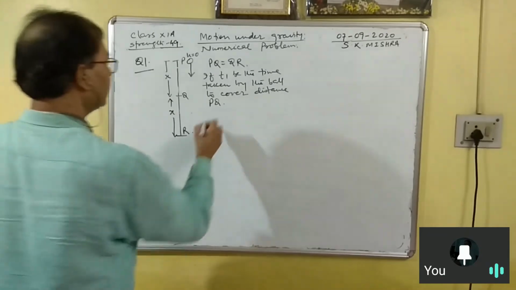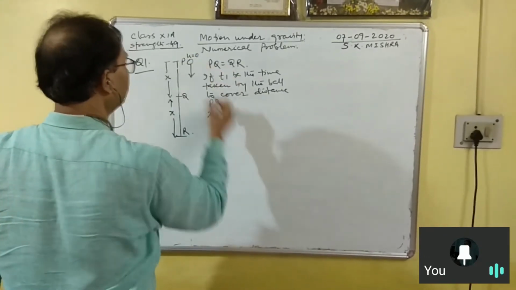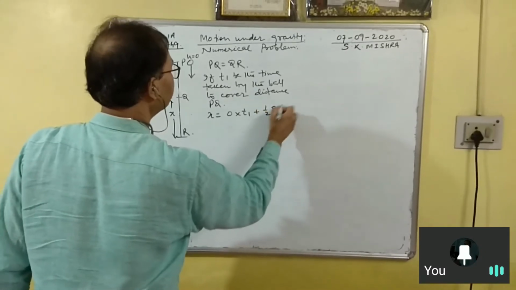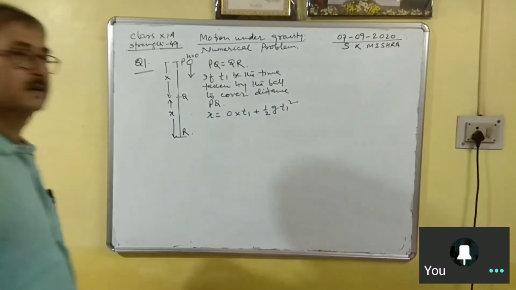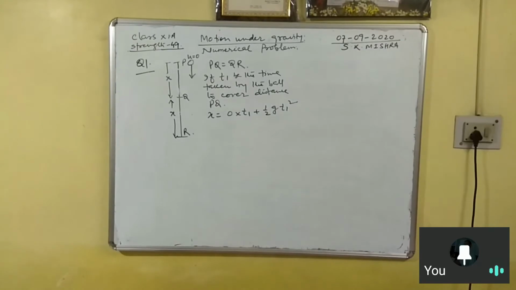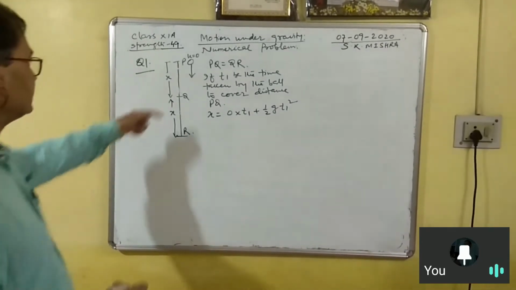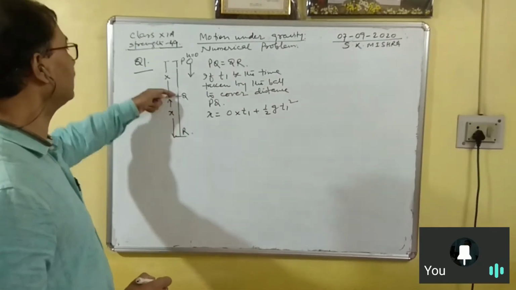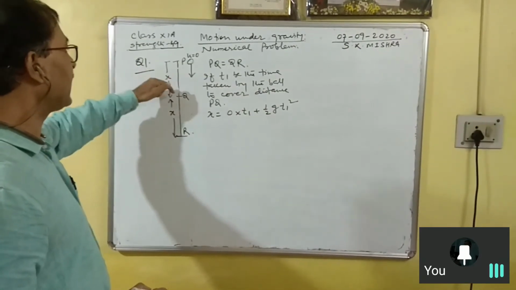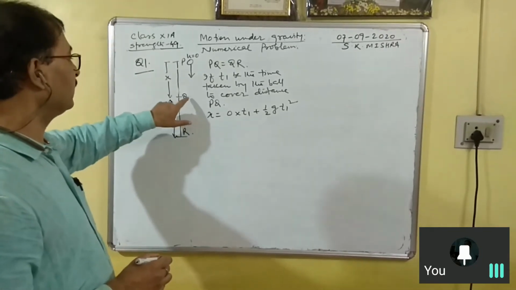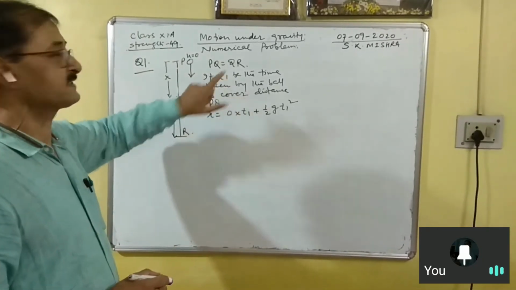Then X is equal to ut plus half g T1 square. And if you want to find this distance QR, which is equal to X only, before that you have to find the velocity of the ball at the end of time T1 second.